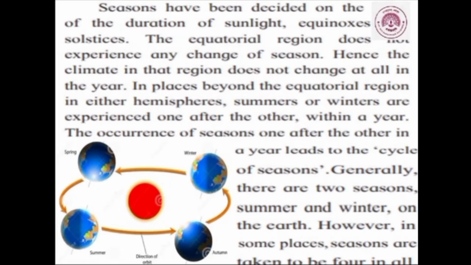In places beyond the equatorial region, in either hemisphere, summers or winters are experienced one after the other within a year. The occurrence of seasons one after the other in a year leads to the cycle of seasons. Generally, there are 2 seasons, summer and winter, on the earth. However, in some places, seasons are taken to be 4 in all.